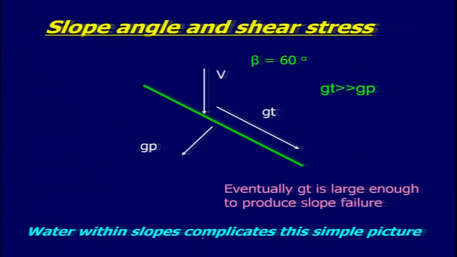So, water within slope will eventually complicate the simple picture we are trying to understand. It is not only the slope, of course, the slope is important, but if you have water saturated material, then this will complicate the whole scenario.